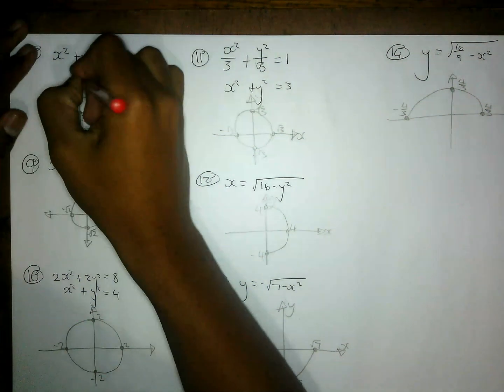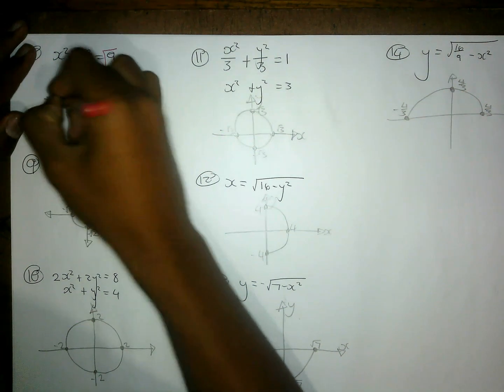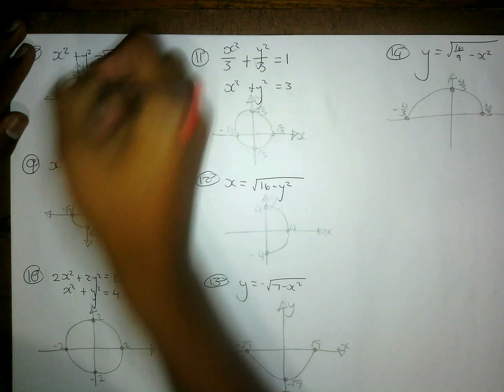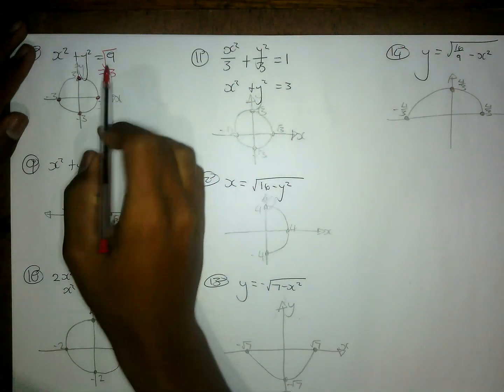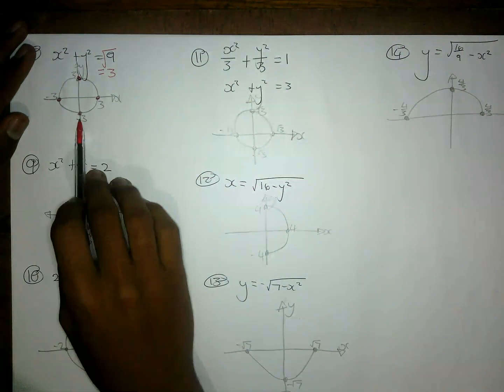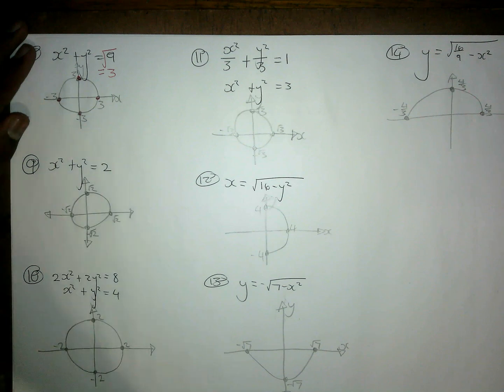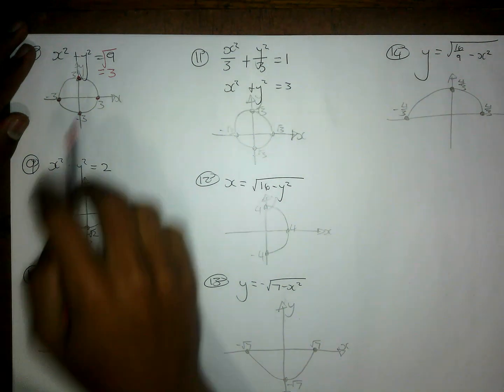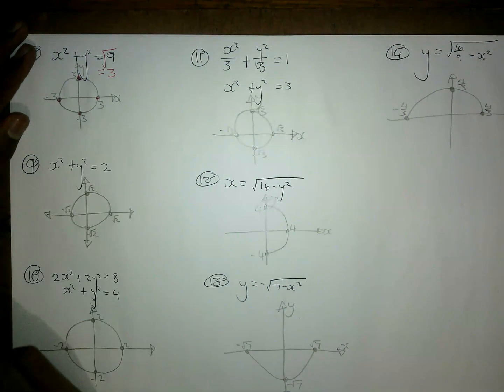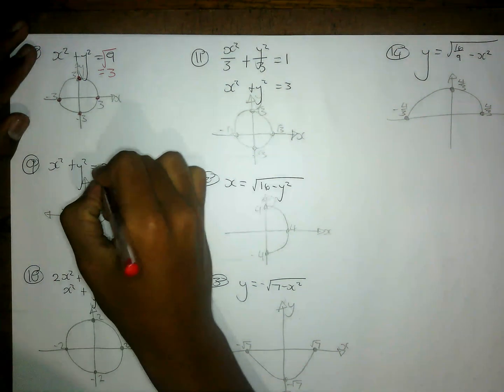So we plot 3 all around our graph. It's negative 3 here, positive 3 over there. Then we draw a circle. Straightforward. Number 9, square root 2.